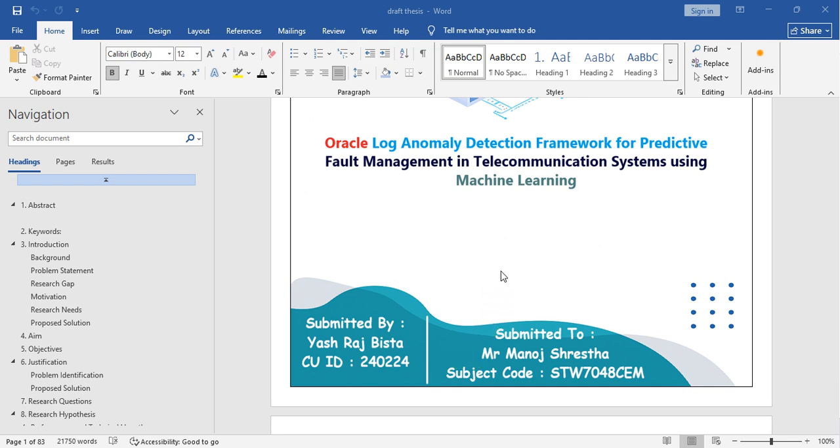Today I'm going to discuss my thesis project, which is the Oracle Log Anomaly Detection Framework for Predictive Fault Management in Telecommunication Systems using machine learning.